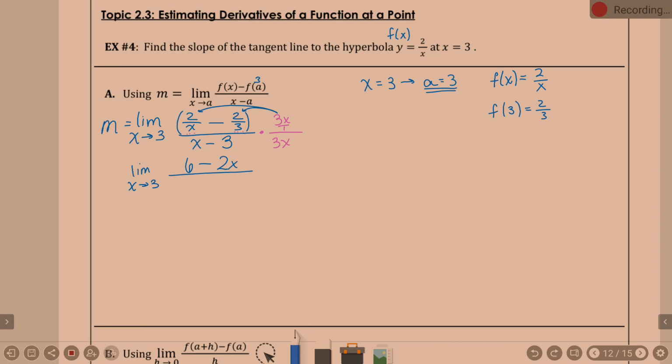Denominator, I'm not going to multiply it again. I'm going to write it as 3x times the quantity x minus 3. You can multiply it in, but it's just going to create more work for you. Okay, continuing. The limit as x approaches 3. Because as it is right now, if I plug in 3, I'm going to get 0 over 0 still.